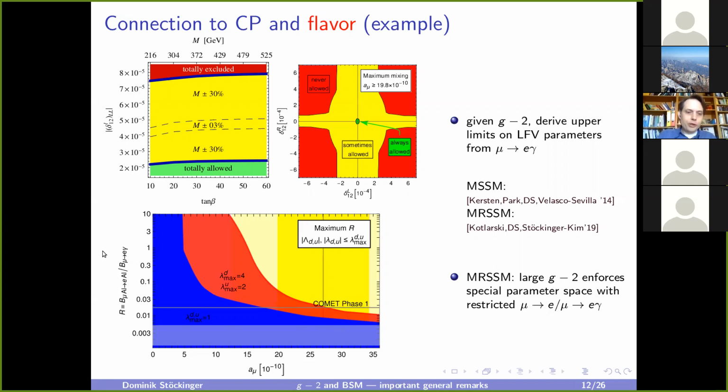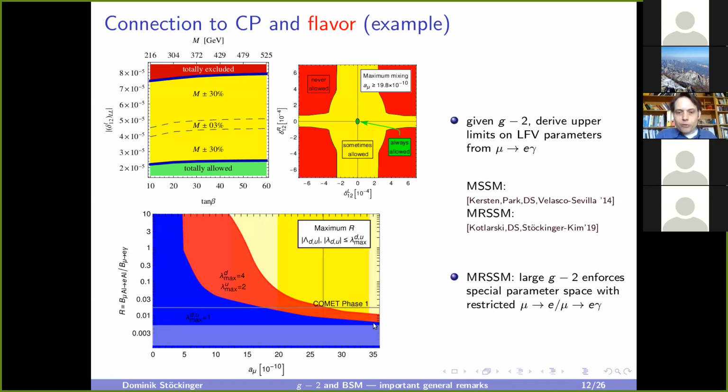So two flavor violating observables. You see that in general, they are not really correlated very strongly. If g-2 is small in this particular model, then the ratio between the two flavor violating observables could be anything you want. It could range from 0 up to a large factor.